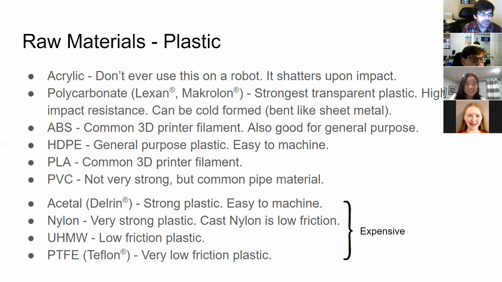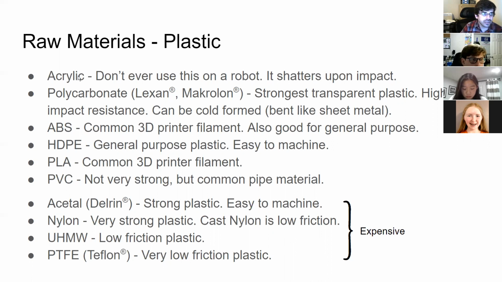We have it in different thicknesses: 1/16 inch, 1/8 inch, and 1/4 inch. We can laser cut it. It kind of burns, but we can laser cut it. And if you want to, you can also bend it, kind of like sheet metal, which is a really cool property.